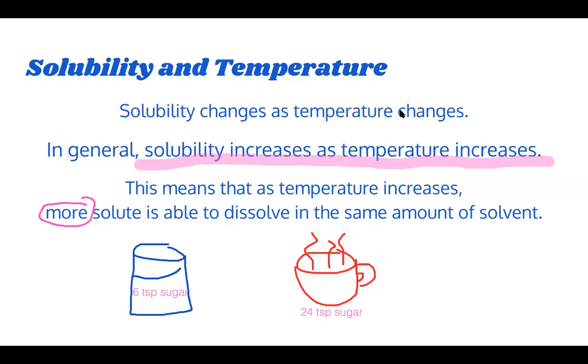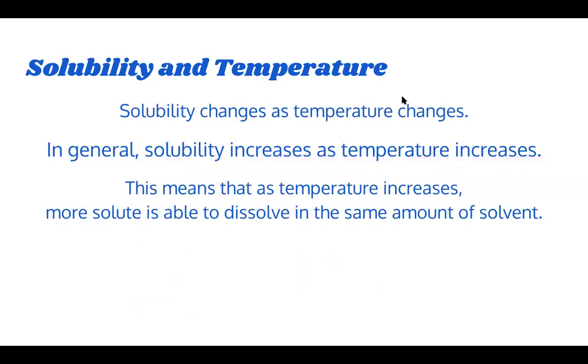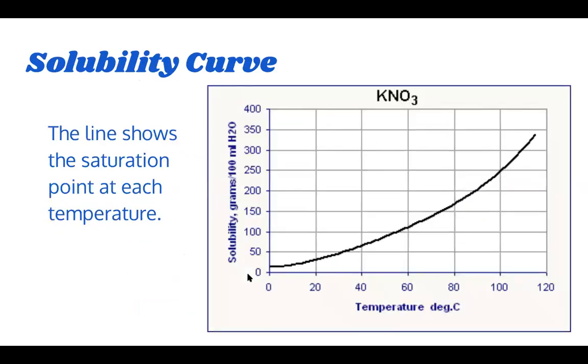And we are able to graph this. Yay, because it is science, we love graphs. Here we go. So using your ACT graph interpretation skills, you can see this graph. We've got our x-axis is temperature. Our y-axis is solubility.